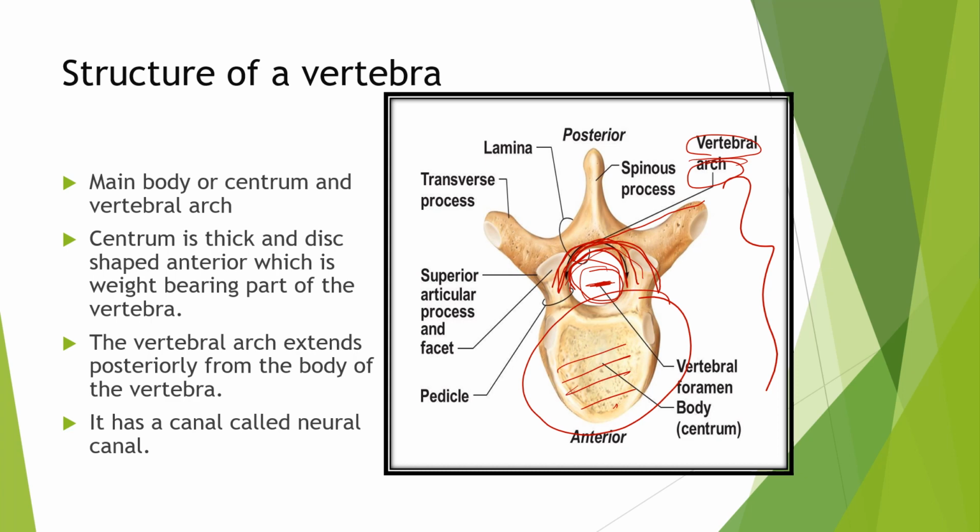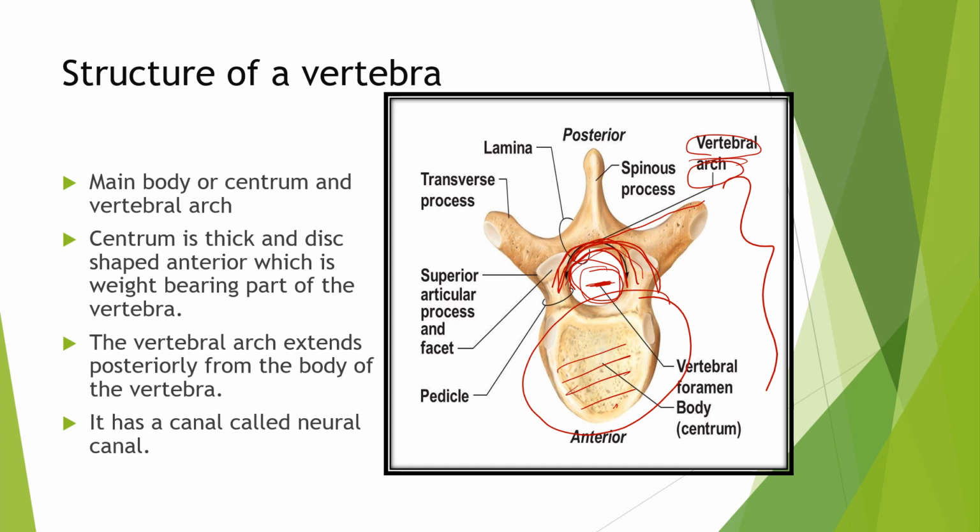There are 7 processes arising from the vertebral arch, a transverse process which extends laterally on each side, a spinous process which extends posteriorly, and the remaining 4 processes form the joints with other vertebrae.